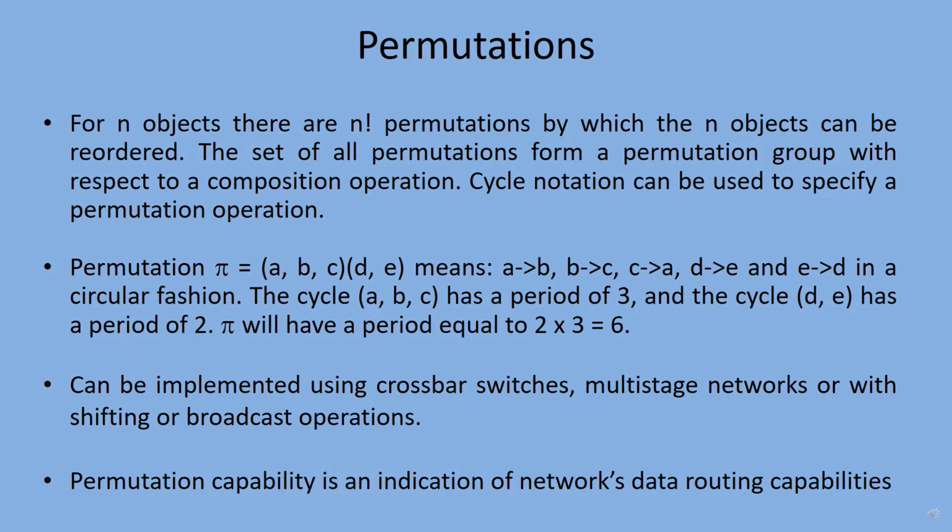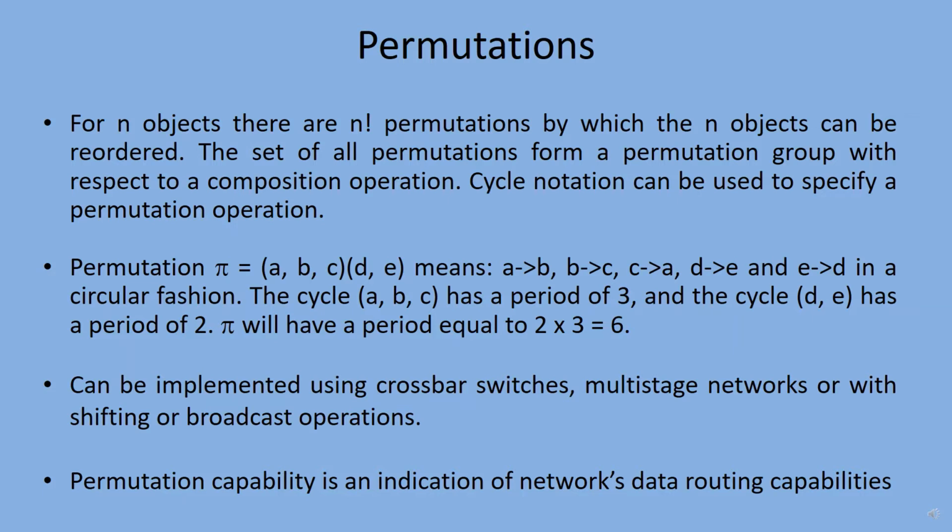For example, permutation pi is equal to (a, b, c)(d, e), which means there is a cycle formed by three variables a, b, c, indicating a to b, b to c, and c to a.